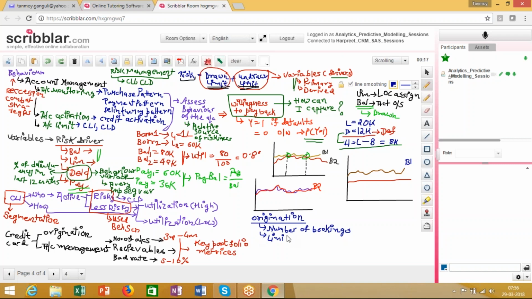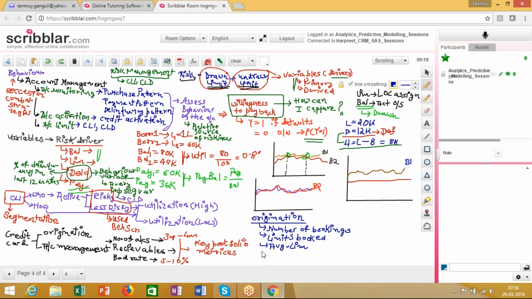When I talk about origination portfolio, obviously one of the important parts is the limits book. Then the next part is average limits.